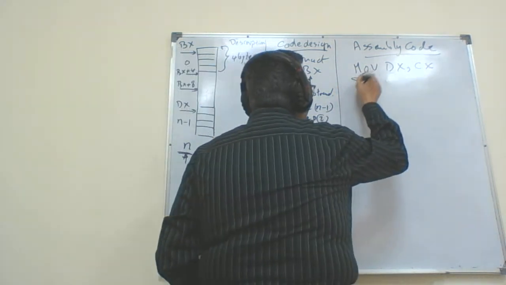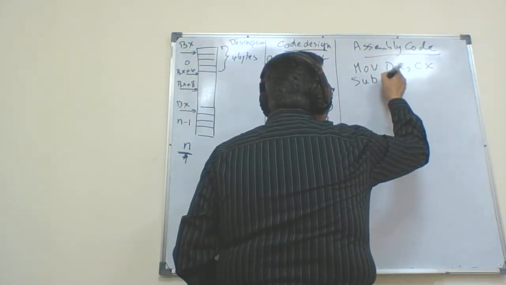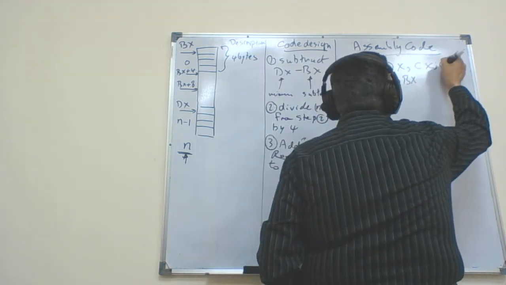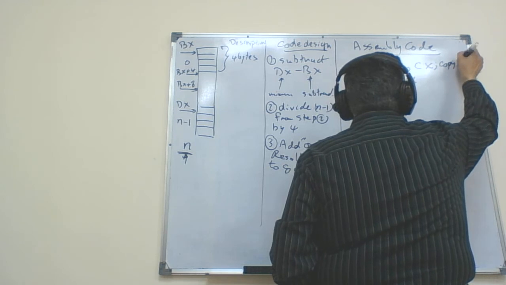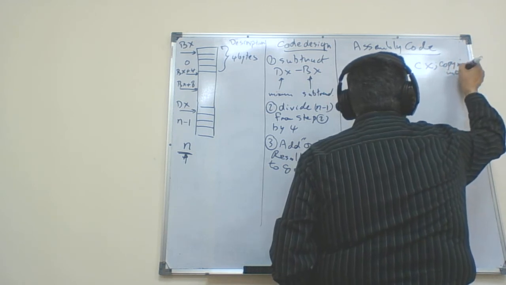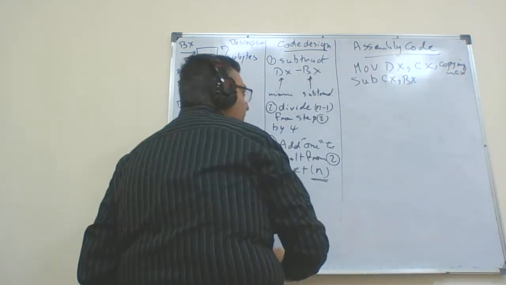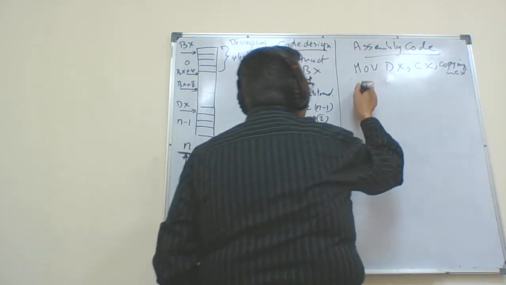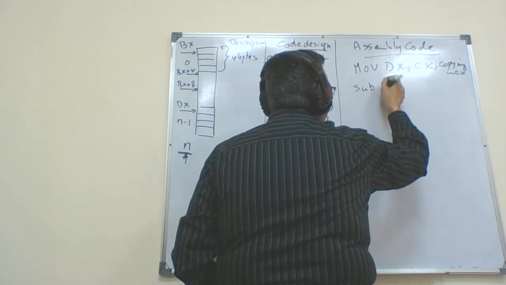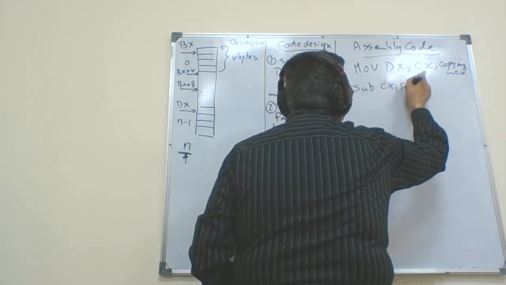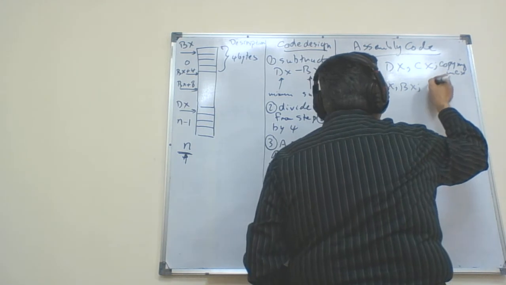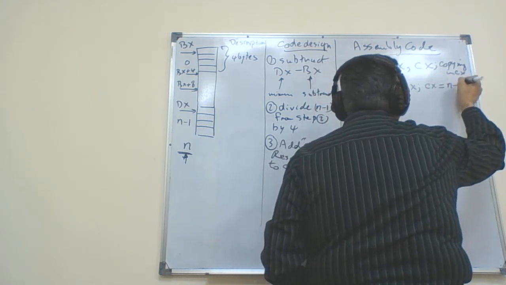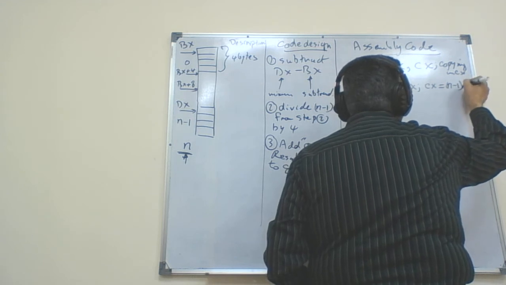Then the second step is to subtract: sub CX comma BX. This will put in CX the value of n minus 1 multiplied by 4.